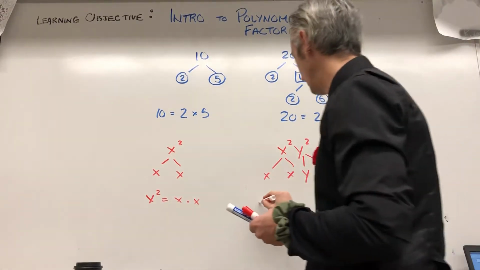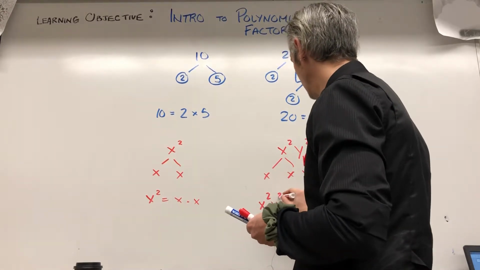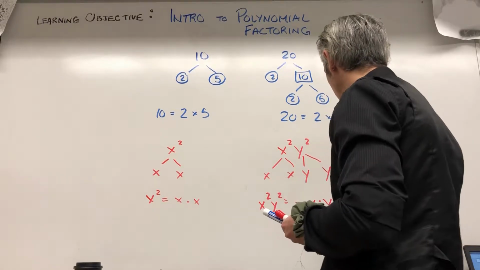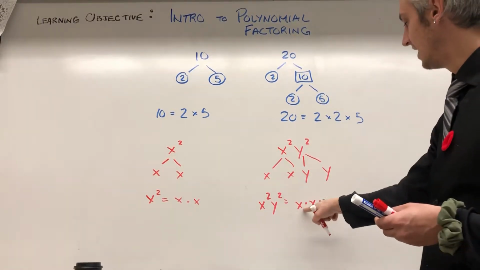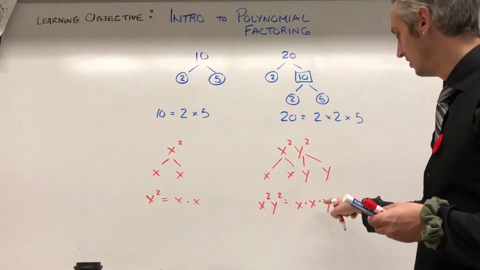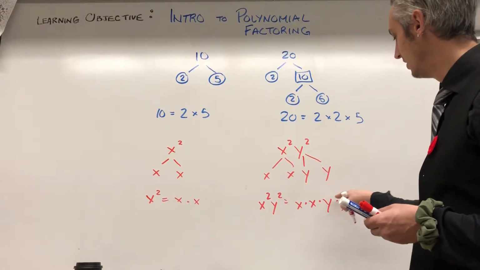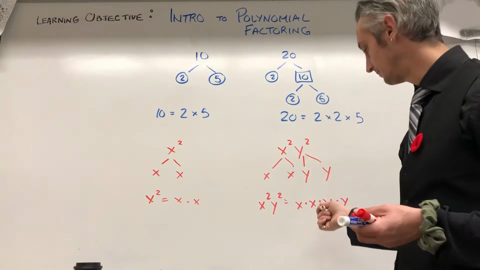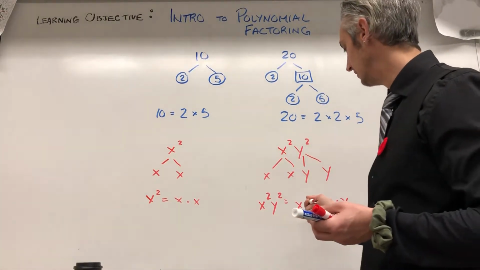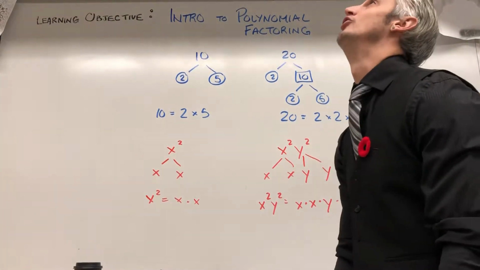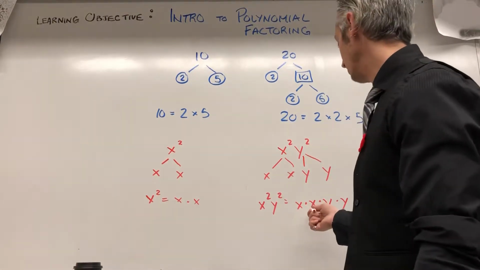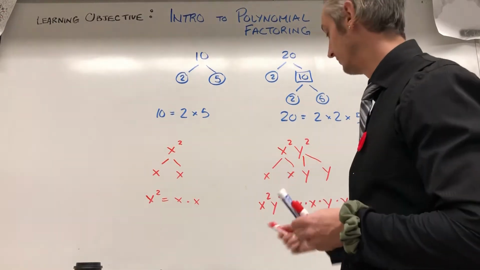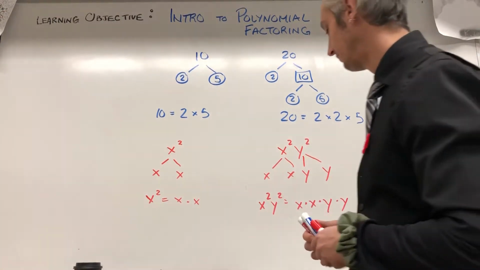So this factored would look like x times x times y times y. X times x is x to the 1 plus 1, x squared, and y times y is y squared, because remember when we multiply variables like this, we have to add their exponents.